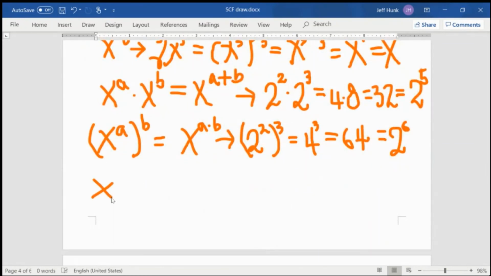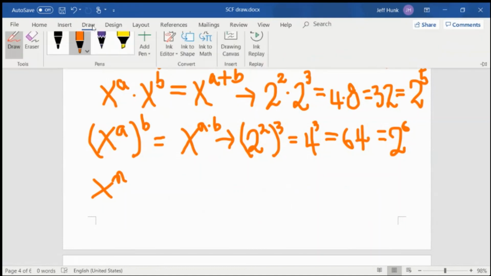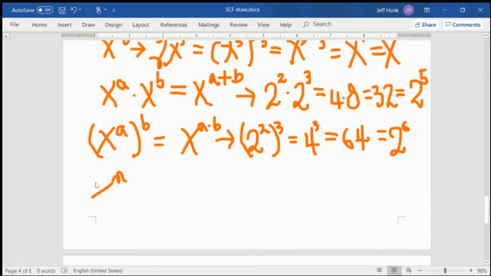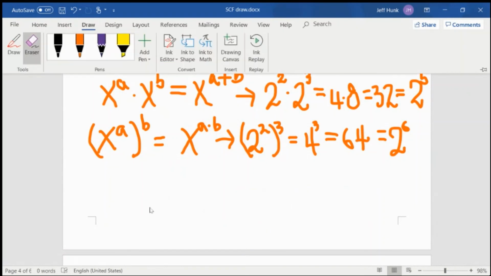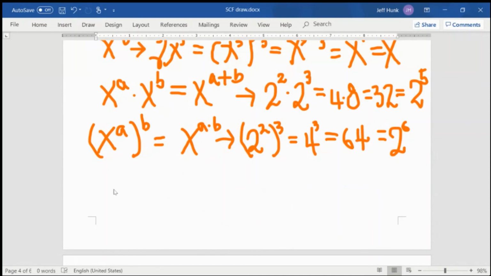If you have x raised to n, and you want to turn it into x, you'll have to take the nth radical, in other words, raise it to 1 over n.